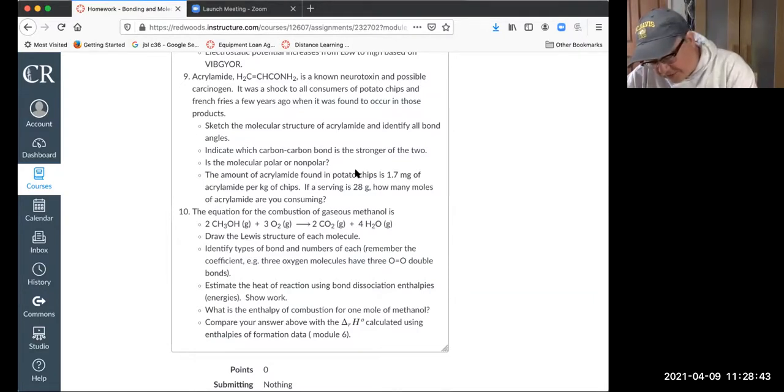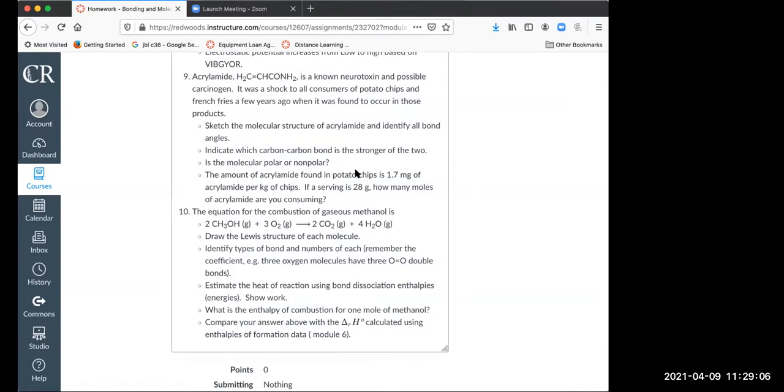All bond angles. Which carbon-carbon bond is the shortest? Show the shorter carbon-carbon bond, which is going to be the double or the triple if there is one, right? And is it polar or non-polar?